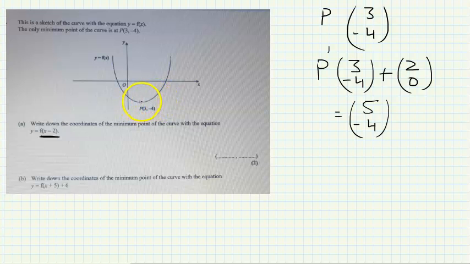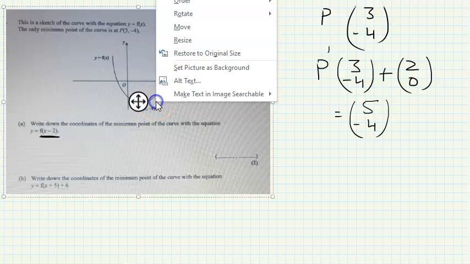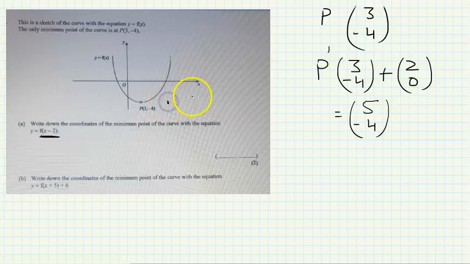So this is 3, this is 4, this is 5. So the shape of the curve is going to be, this is the coordinate of this, 5 and minus 4.